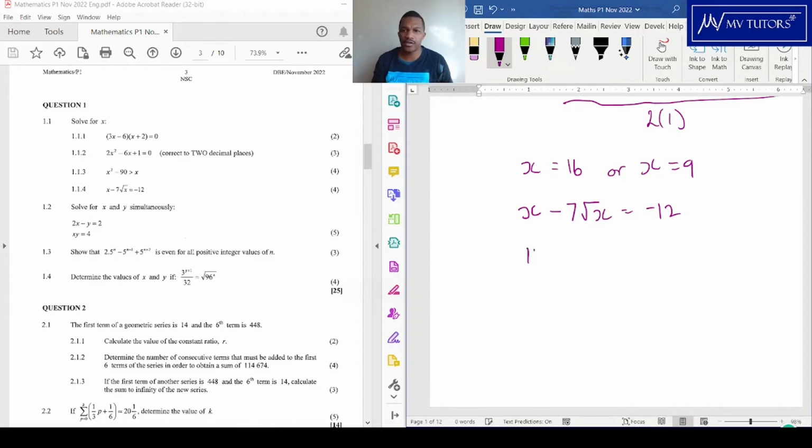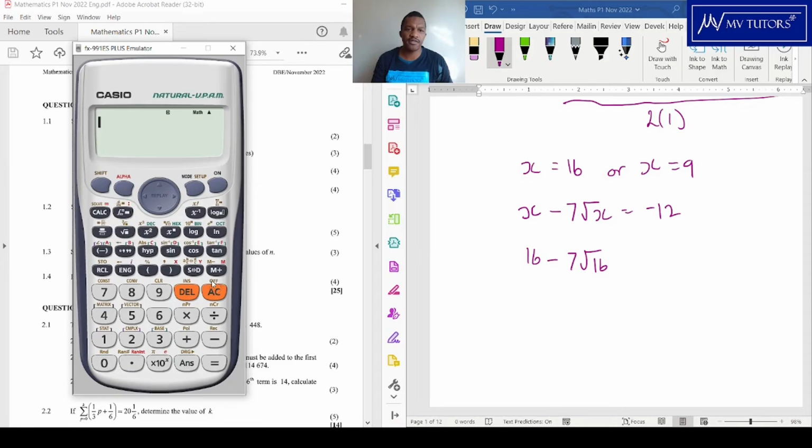So 16 minus 7 square root of 16. Let's put that in a calculator and see what it gives us. If it doesn't give us minus 12, we reject it. Oh, minus 12. Fantastic. So this one is acceptable.